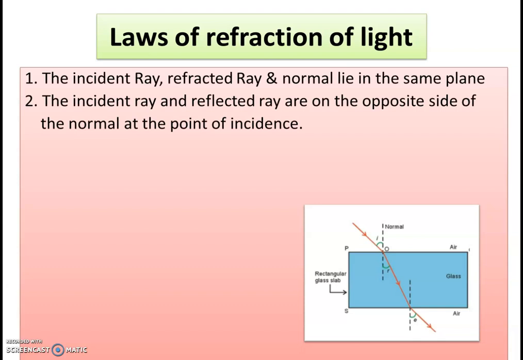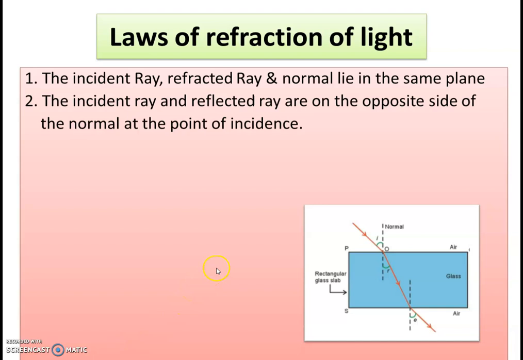Law number 1: the incident ray, refracted ray and normal lie in the same plane. Law number 2: the incident ray and refracted ray are on the opposite sides of the normal at the point of incidence. Now in this case, we must know the incident ray, refracted ray and normal.